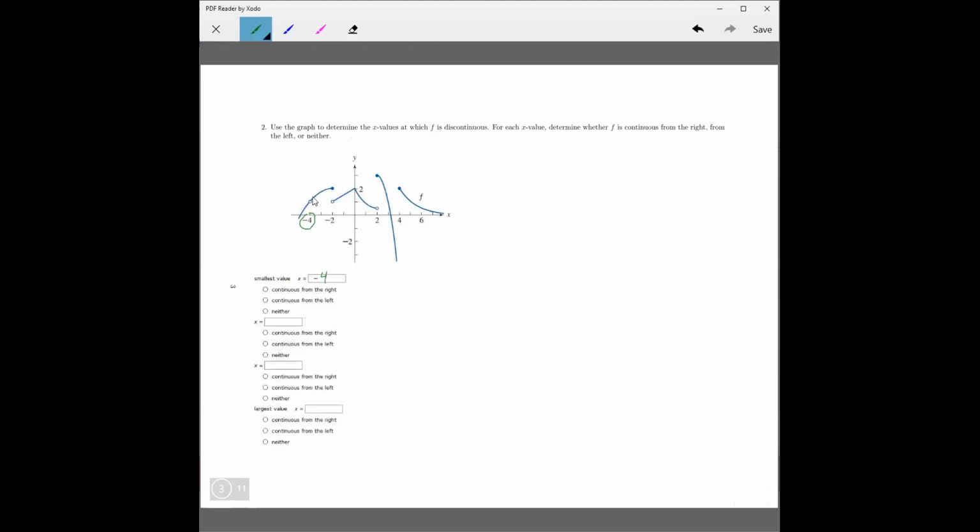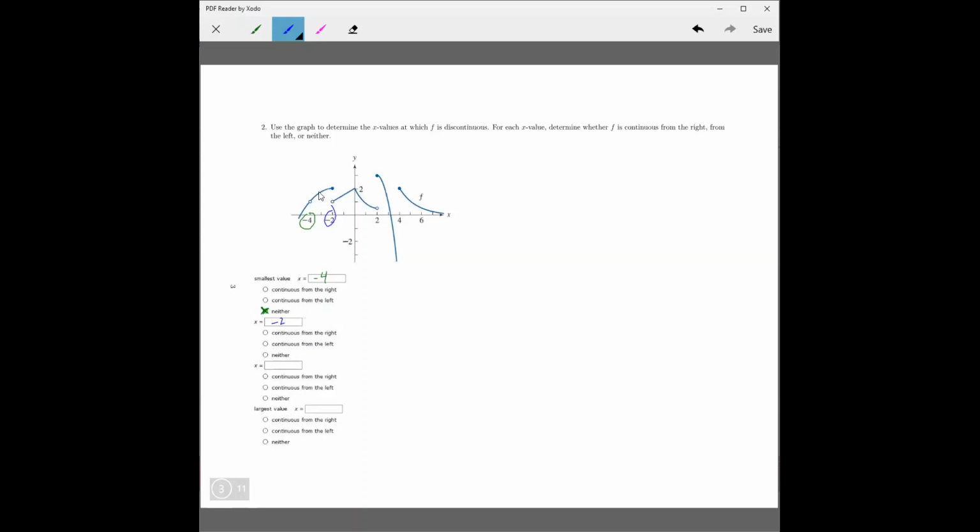That's a removable discontinuity, and it's neither continuous from the left nor the right, because the limits from the left and right exist, but they don't equal the value at the point.